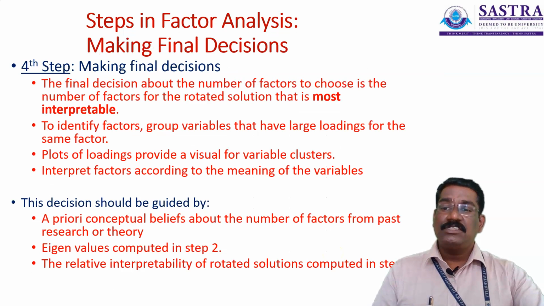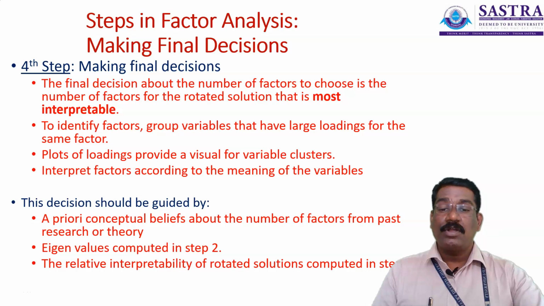So the fourth step is making final decisions. When you look at the final decisions about the number of factors to choose, it is the number of factors for the rotated solution that is most interpretable. To identify the factors, group variables that have large loading on the same factor. Plots of loading provide a visual for variable clusters.